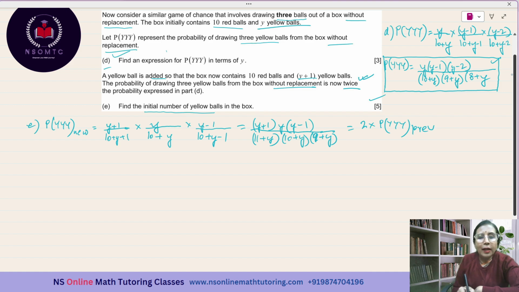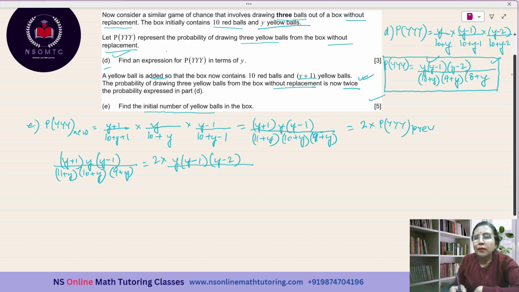So we have (y plus 1) times y times (y minus 1) over (11 plus y)(10 plus y)(9 plus y) is equal to 2 times, taking this expression, y times (y minus 1) times (y minus 2) over (10 plus y)(9 plus y)(8 plus y).